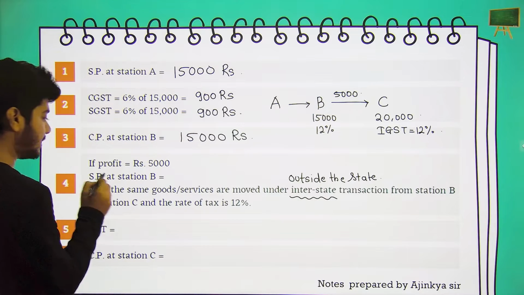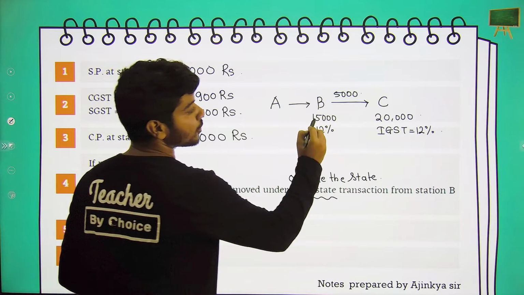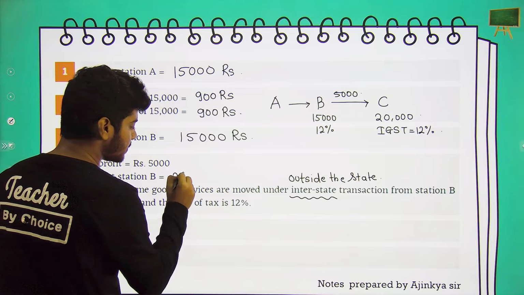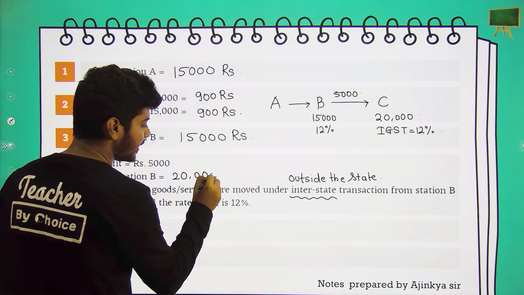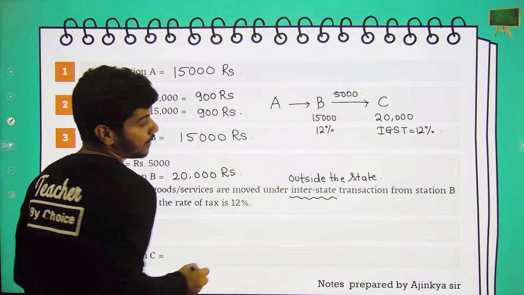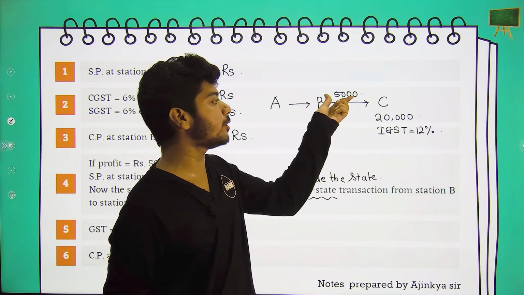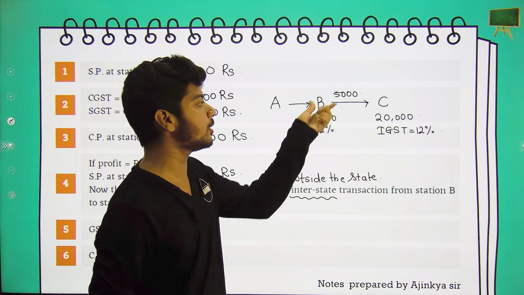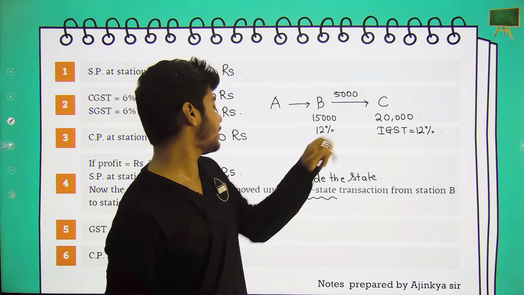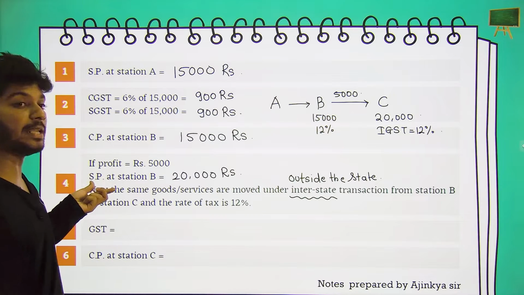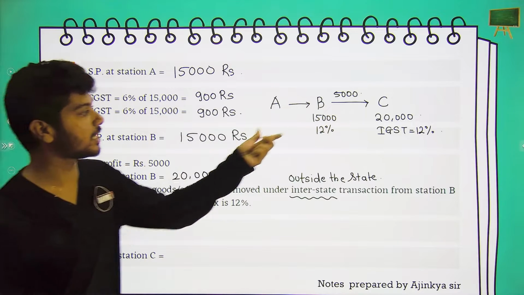Now they are asking the selling price at station B. So it will be sold at 20,000 rupees. Agreed, because it is sold at a profit of 5,000. So 15,000 plus 5,000 will give me 20,000.